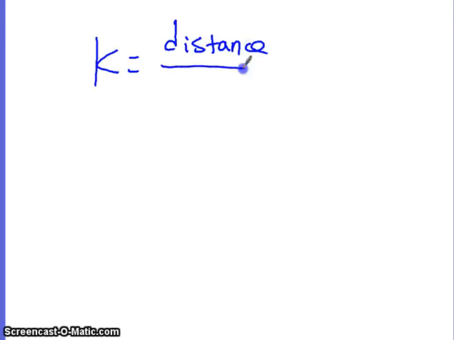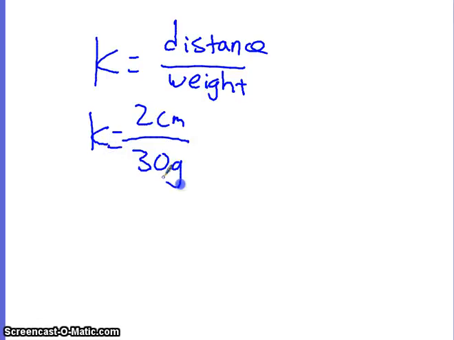So we got K. So always start with K. K equals distance divided by weight, because that's the information we were told. It's a ratio. I don't have to change the way it's set up. That's K equals 2 centimeters divided by 30 grams.